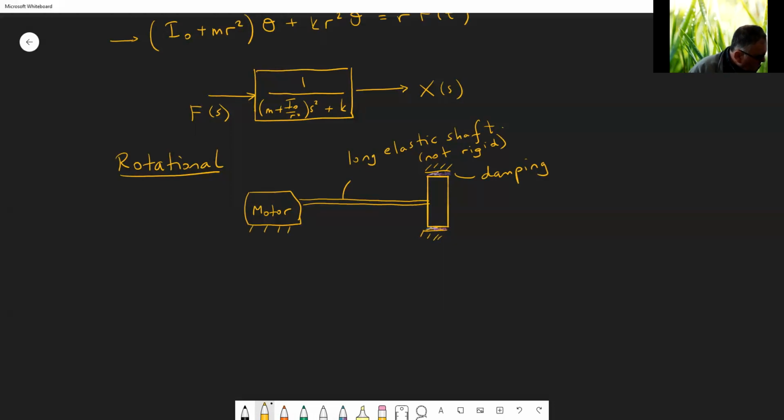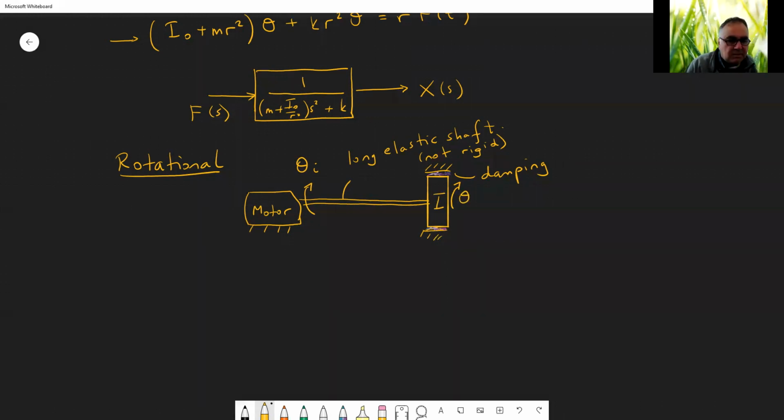So the method here: the motor has a certain rate of rotation. Let's say this is theta I. The motor has a rotation of theta I, and this shaft that has an inertia of I, let's say, has a rotation of theta, not theta I, but theta.